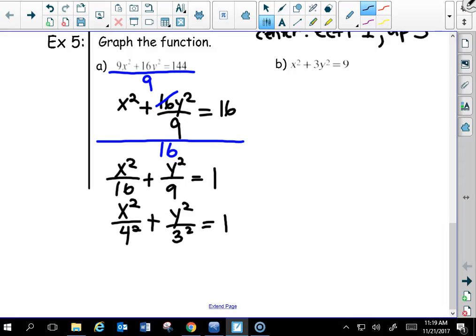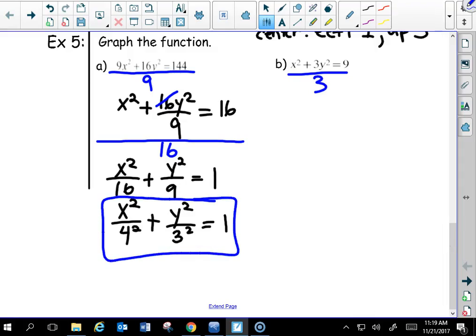Okay, B, same idea. I'm going to start by dividing everything by 3. Divide everything by 3, and I get x squared over 3 plus y squared equals 9 divided by 3, which is 3. Okay, so here I don't get a 1, so I have to do that division one more time.